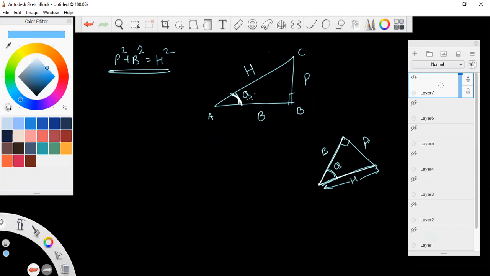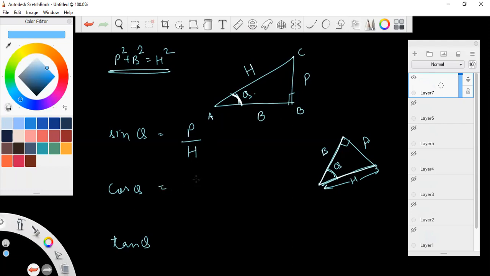How? Suppose this right angle triangle is given to you, and in this we know some value h. Now we have some ratios: sine theta, cos theta, and tan theta. Sine theta is opposite upon hypotenuse. Every time this will be this for all the values.